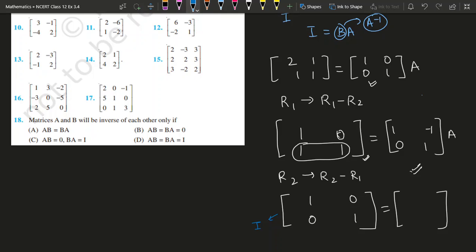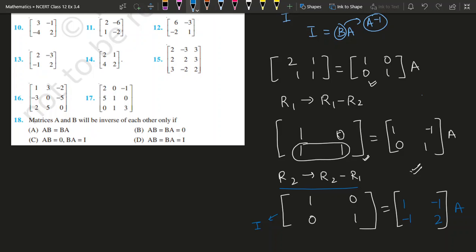If you do this, row 1 is going to stay the same because you're performing operations on row 2. So for row 1, you just write 1, negative 1. In row 2, you have to write row 2 minus row 1, so 0 minus 1 and 1 minus negative 1, and all of that times A. If you finally compute that, 0 minus 1 is negative 1, and 1 minus negative 1 is 1 plus 1, which is equal to 2.